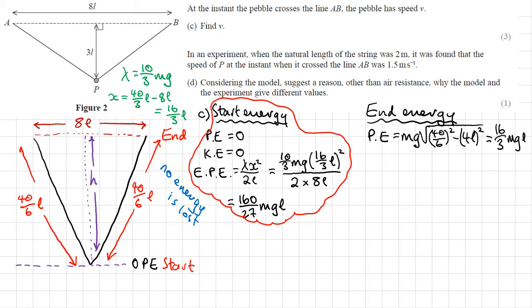Then kinetic energy, so yes, it is moving, and that's half m v squared, and v is what we're trying to find. And then elastic potential energy, since the string now is level and it's now at its natural length of 8L, there is no elastic potential energy, so that's just going to be 0.